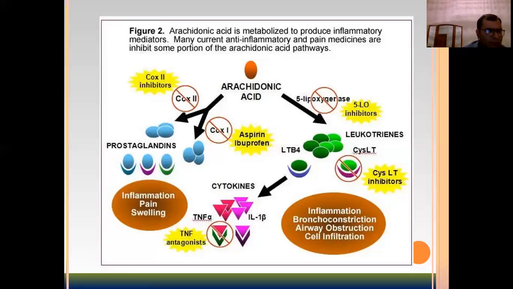Besides this, prostaglandin H2 is also converted to prostaglandin I2, also called prostacyclin, which causes inhibition of platelet aggregation and also causes vasodilatation. Prostaglandin H2 is also converted to prostaglandin E2, which causes pain, and all of them cause inflammatory pain and swelling.